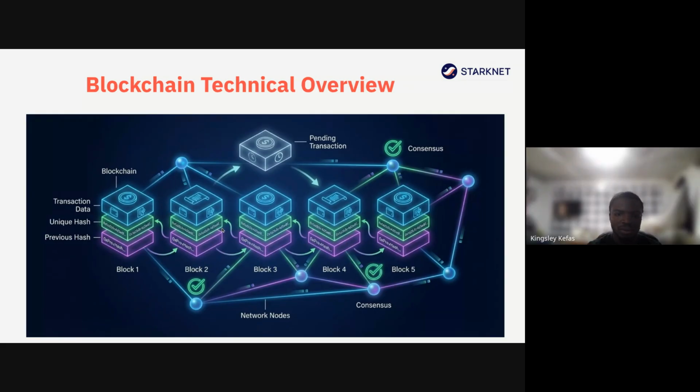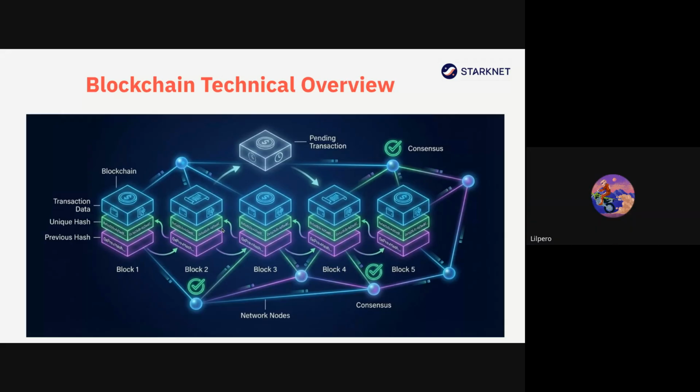So this is not like the previous hash is being connected to the hash. It's just the arrow being passed to show you that this is a previous hash, this is a previous hash, this is a previous hash. Okay, sir. So what actually connects them together is the unique hash. Yes. The unique hash of block 1 will be the previous hash of block 2. Yes. Okay, thank you, sir.